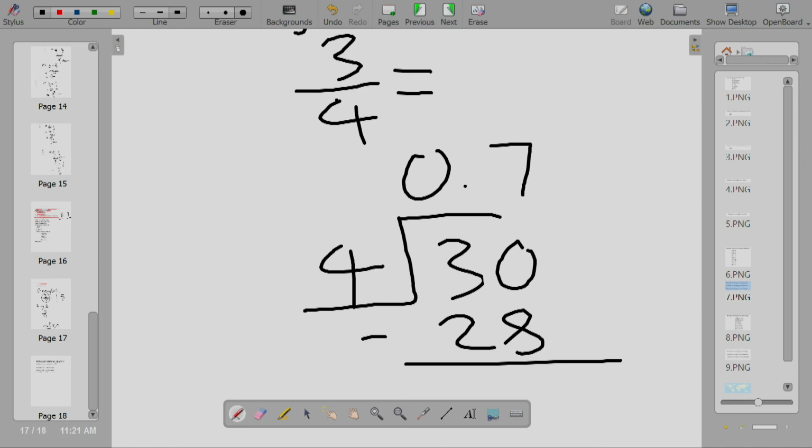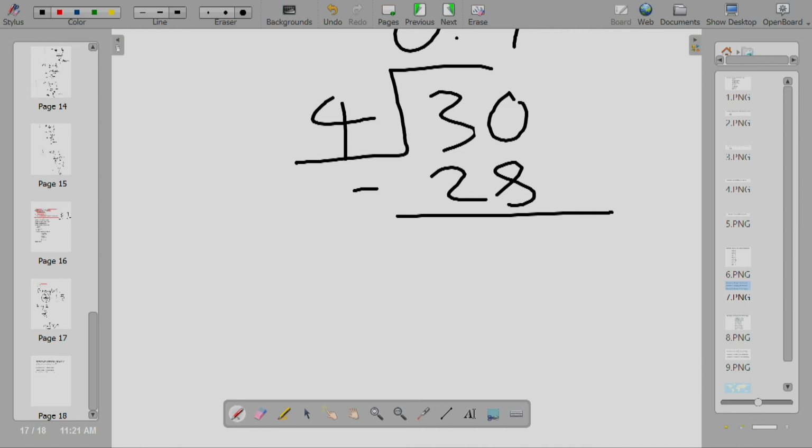So then let's subtract. So we'll get 2. So it remains 2. So now divide 2 by 4. You can divide 2 by 4, so put 0. So we'll have 20.